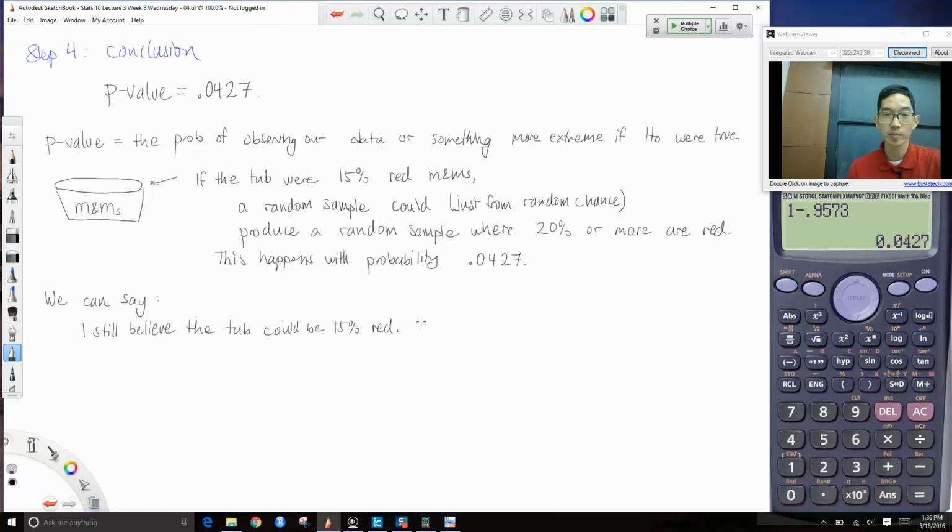And, you know, I am part of the 4%, part of the 0.0427 that got a bunch of red M&Ms by chance.